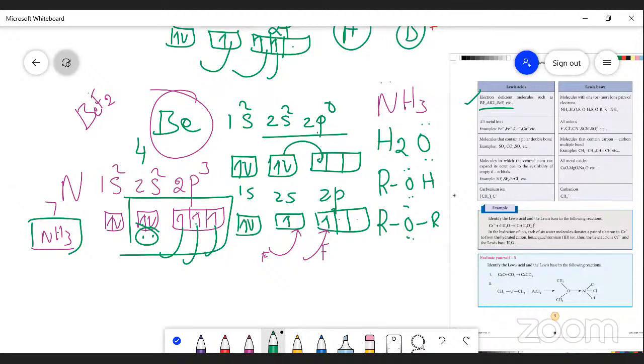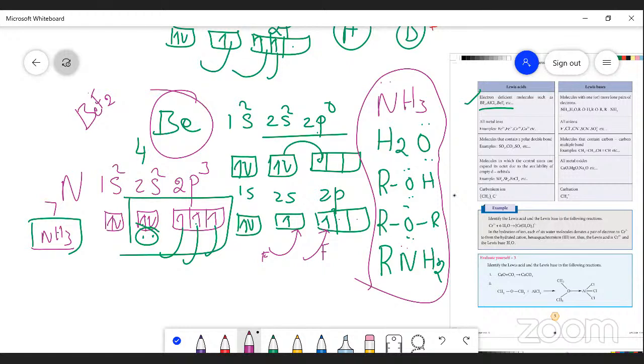Then amine, NH2, here this is a lone pair, isn't it? So these substances are very rich in electrons. They can act as a Lewis base because they can donate that lone pair towards electron deficient species like boron and beryllium.